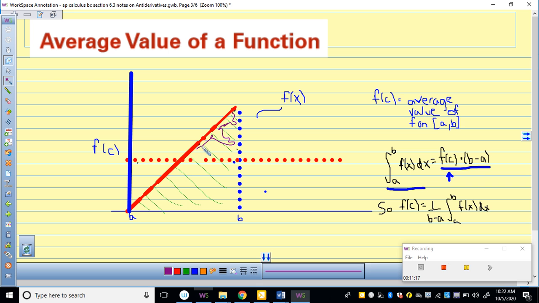This triangle right here happens to be the same shape and size as this triangle right here.